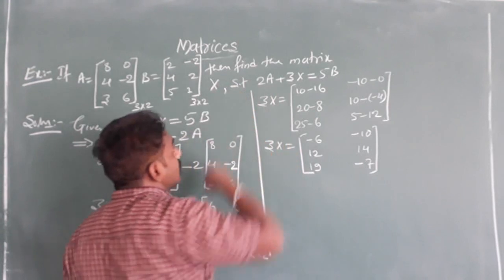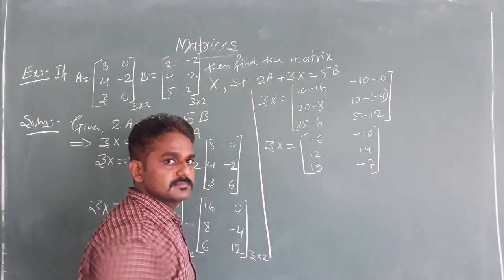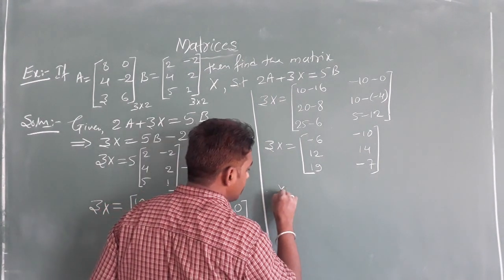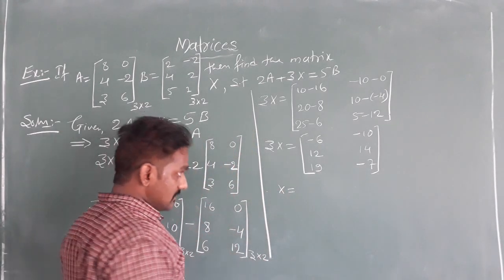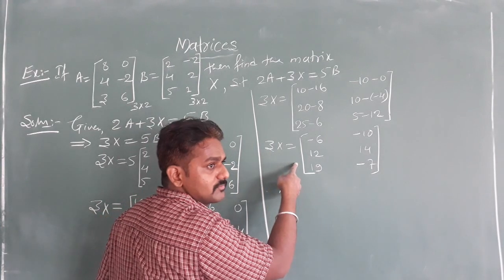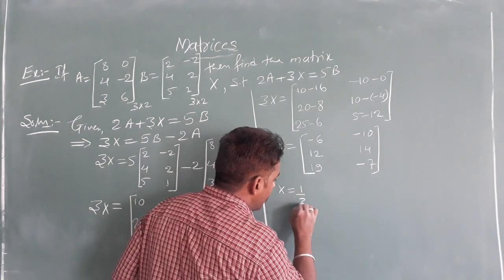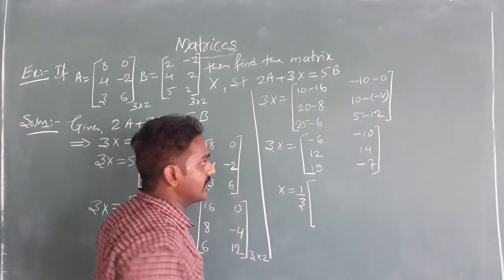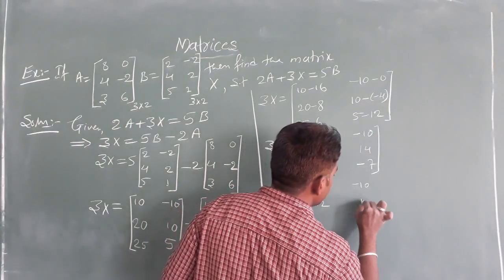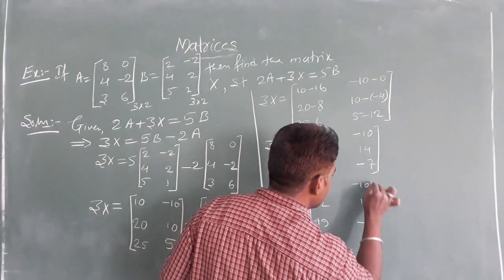So what we want to find is the matrix X, but what we have here is 3X. Therefore X equals, we just multiply the matrix by 1 by 3. So 1 by 3 into the matrix minus 6, minus 10, 12, 14, 19 and minus 7.